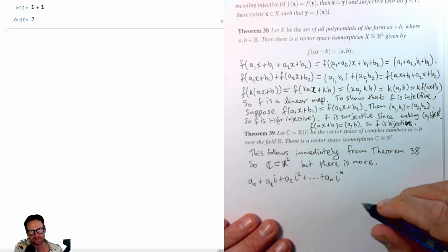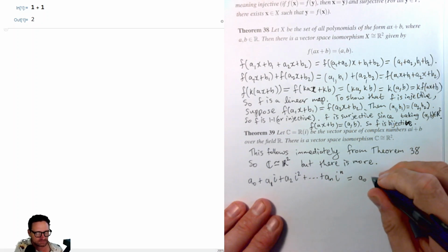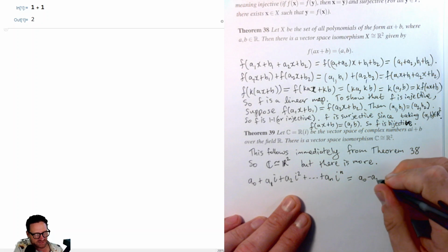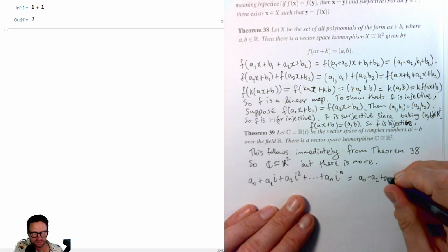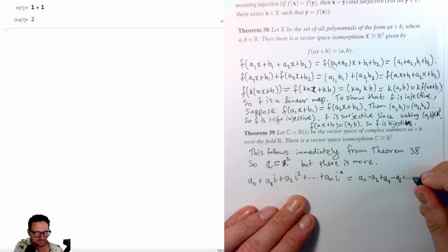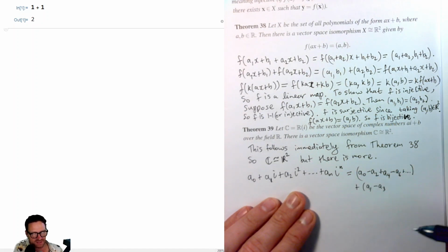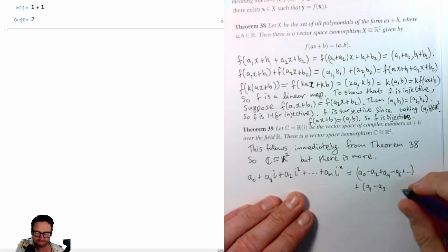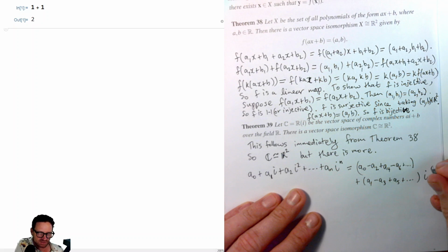Now, since i squared is minus 1, what this is, is a0 minus a2, i to the power of 4 is 1, plus a4 minus a6, and so on, plus a1 minus a3, because i to the power of 3 is minus i, plus a5, and so on, all times i. So this is a complex number.